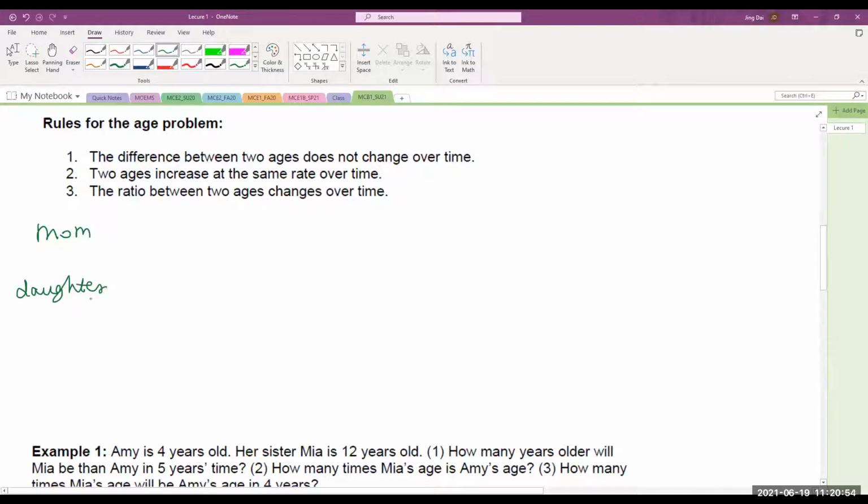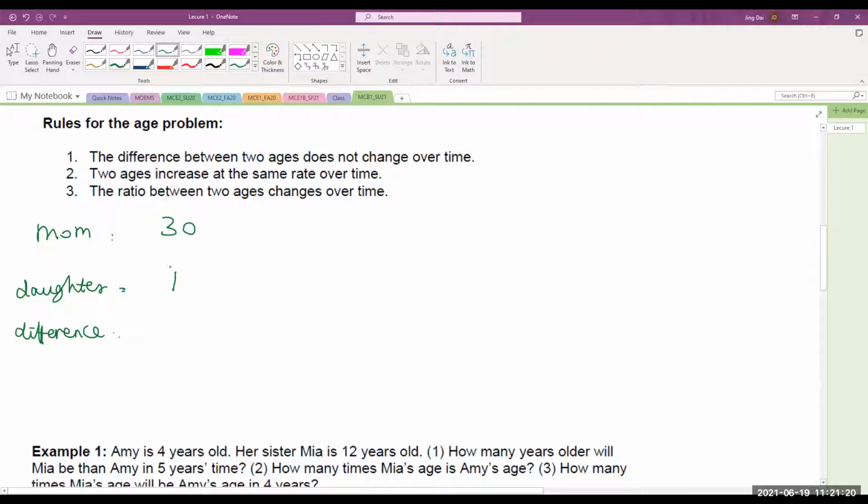Now, at this moment, the mom is 30 years old and the daughter is 1 year old. Let's find the difference between their ages. How much older is this mom compared to her daughter?